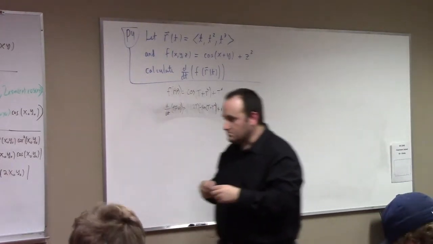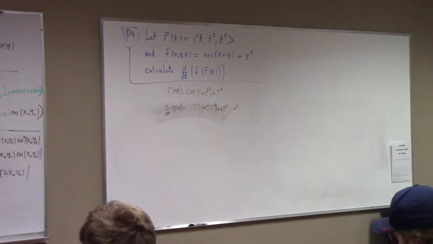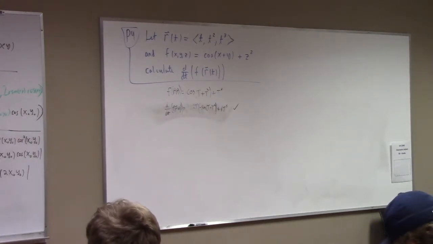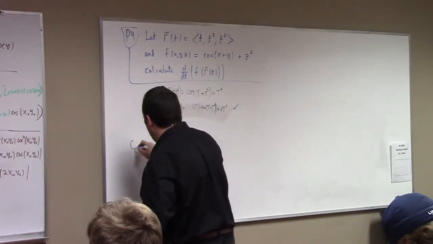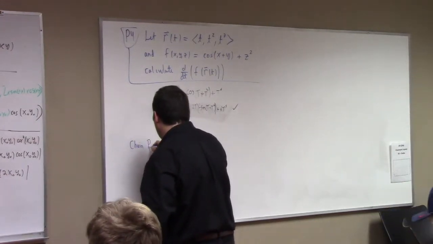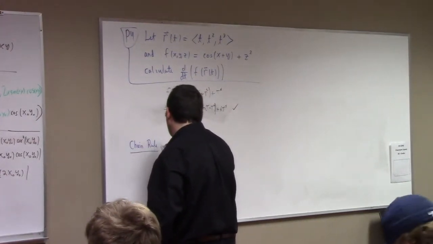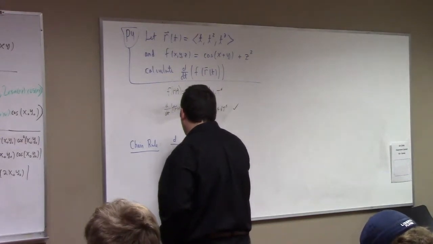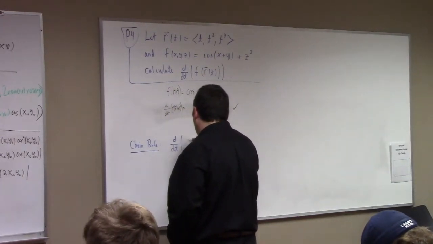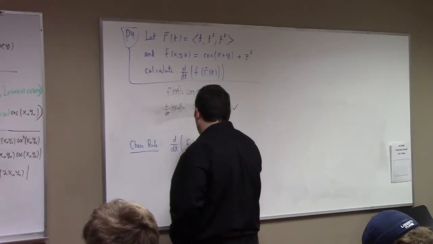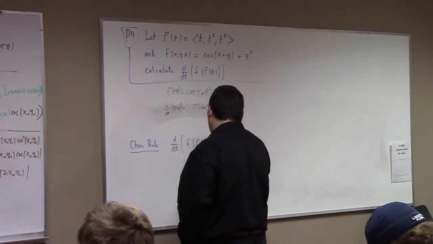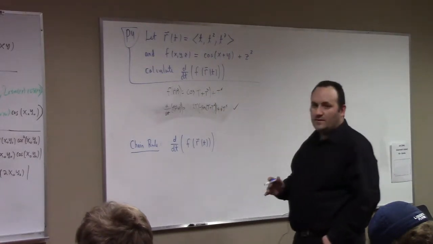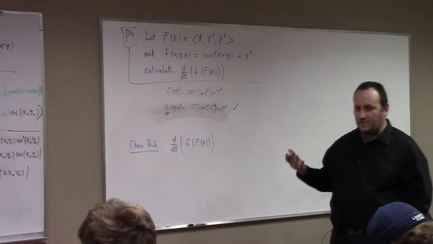Now, one of the things I wanted to teach you guys today is that this is part of a general pattern. So there's a chain rule. If we have the derivative with respect to time of a function of several variables composed with a path, say r of t, there's a chain rule in this context which is quite beautiful.